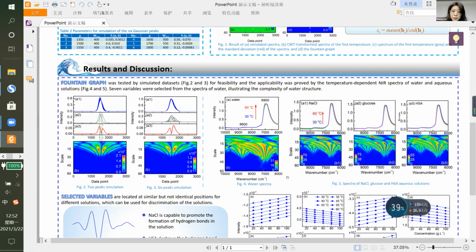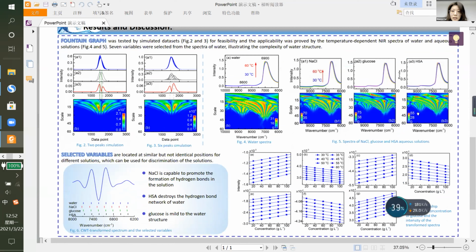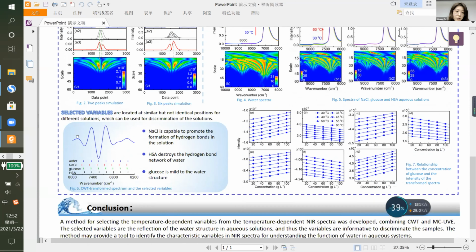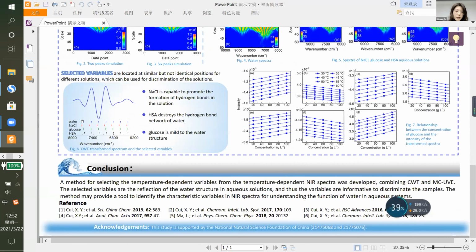In order to make a clearer comparison, we cut the scale to 30 to see the difference. Then we got this picture. We can see the selected peaks, also called the selected variables, in the figure for water and the other solutions.